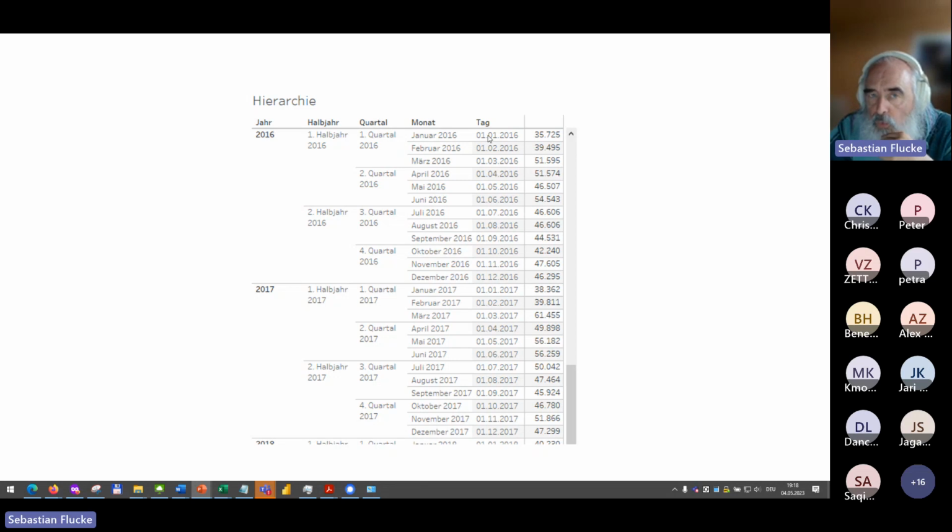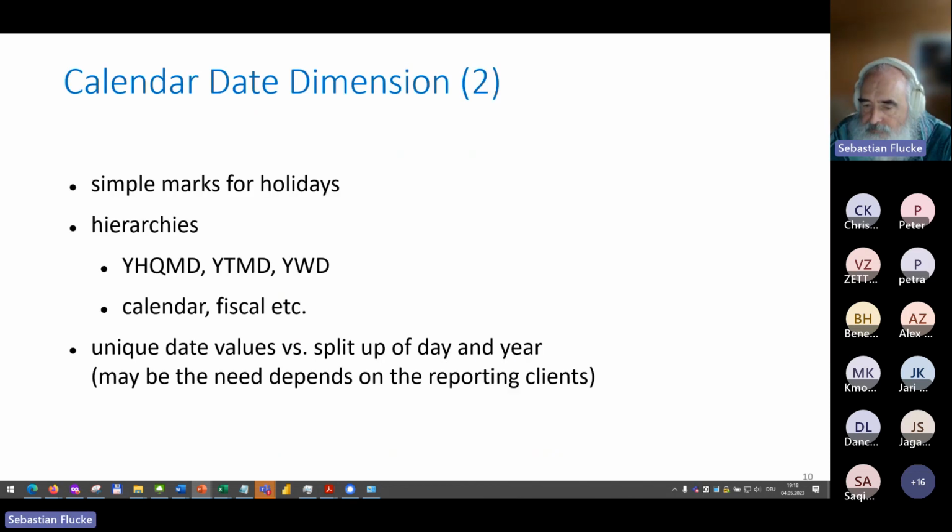So one job of date dimensions is to have that quite dedicated column which contains date, month, and year. But if you only have such stuff, you are not able to create a kind of cross table. And here comes the split up of day and year into the game.